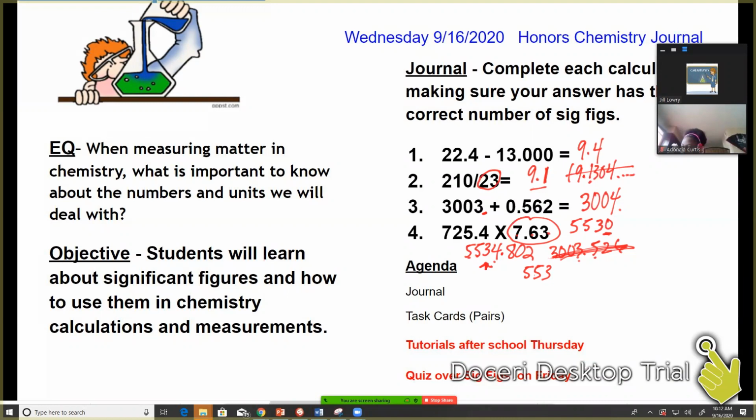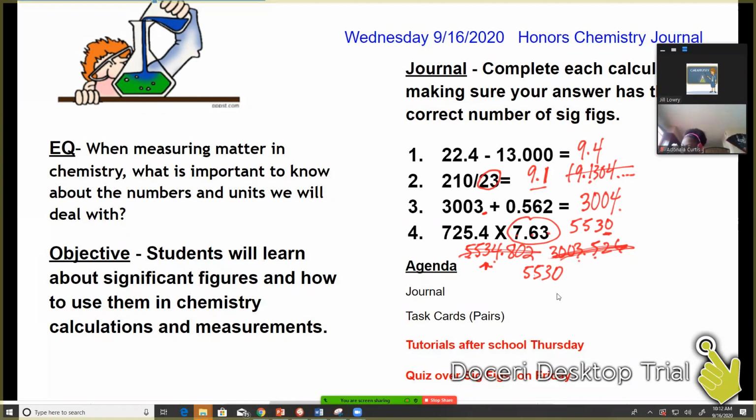But I can't just leave it as 553 because this was originally a magnitude in the thousands. So I have to put that 0 as a placeholder. Once again, kind of a pain because there's 2 sets of rules. Set of rules for adding and subtracting, set of rules for multiplying and dividing.